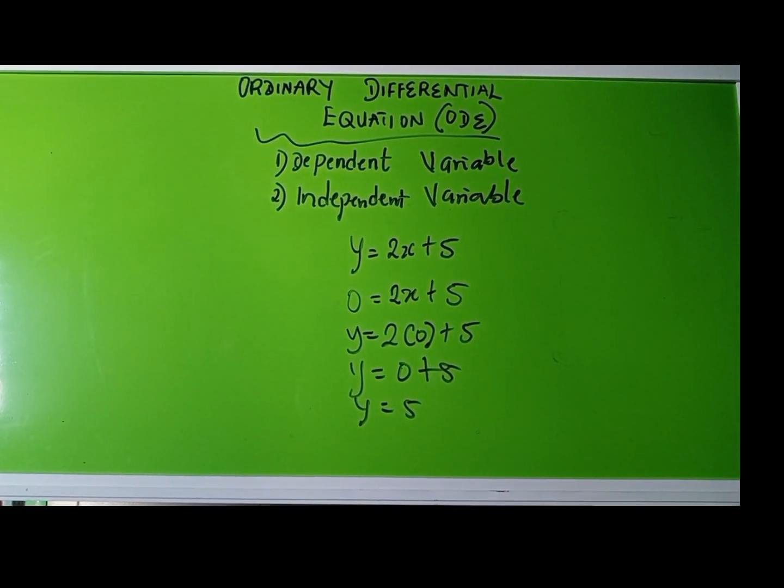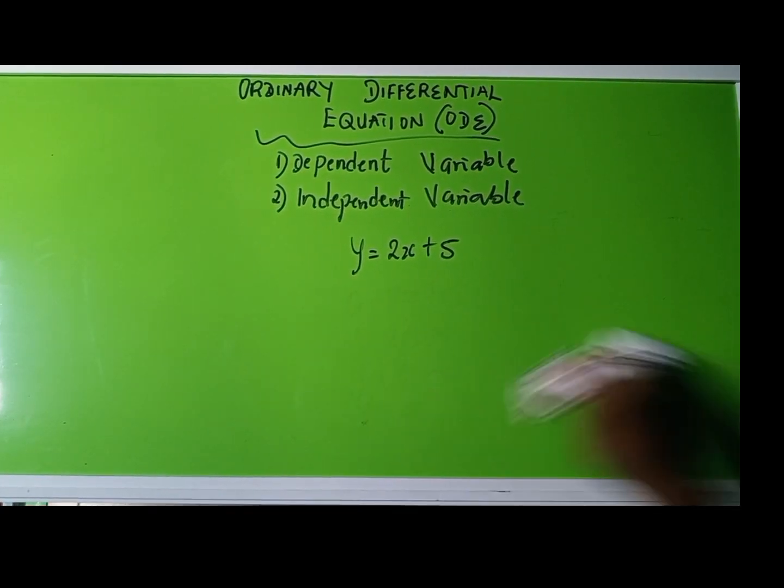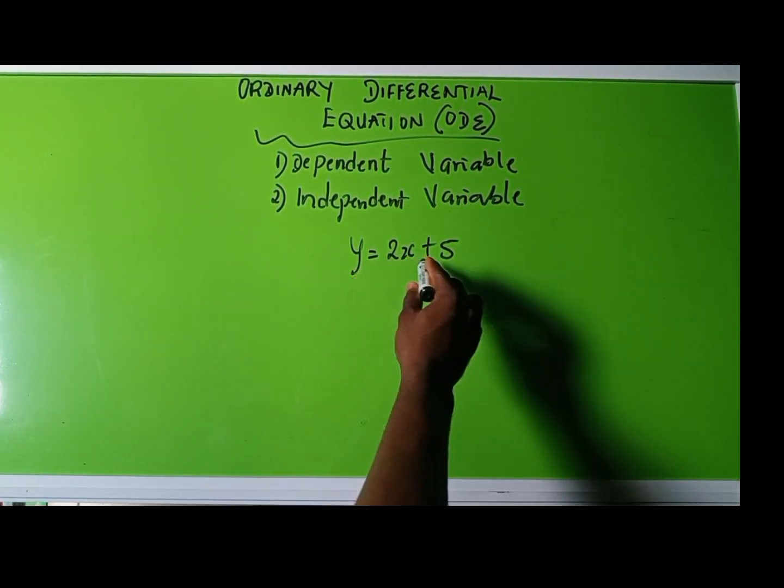So, what is your dependent variable and what is your independent variable? From the equation listed, your dependent variable is what is depending on the other variable. We can see that y is dependent on x.